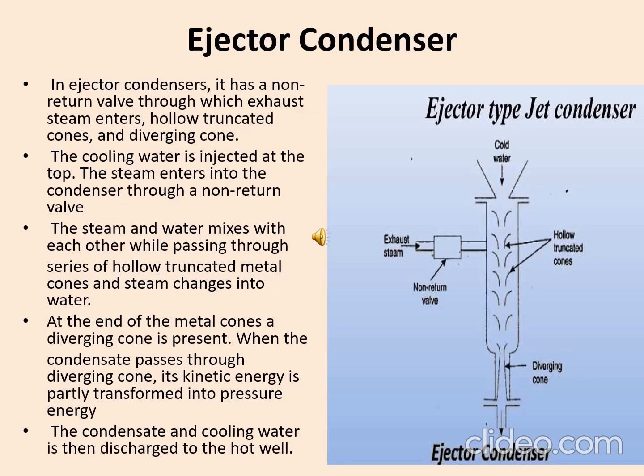shell. Okay. And the condensate and the cooling water flow downward through a vertical tail pipe, which is the high level tail pipe, to the hot well without any pump. Here a condensate pump is not used. Okay. That's why it comes through the tail pipe to the hot well. Okay.